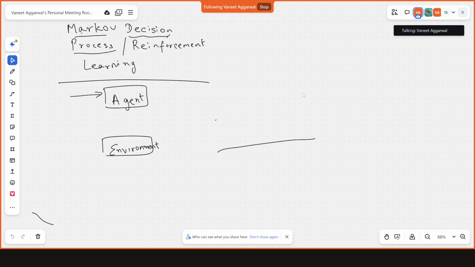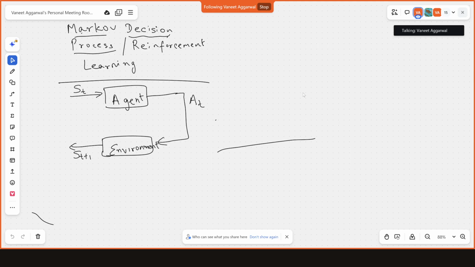So what happens is you observe a state at time t, which is s_t. Based on that, an agent, which is the player, for example, takes a decision, which is an action a_t. And then the environment, based on the current state and the decision you make, changes the state, so it becomes the next state.